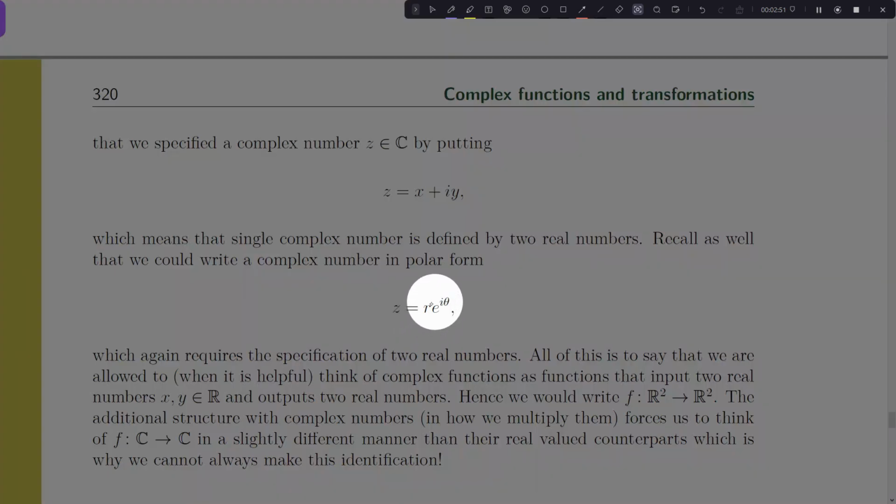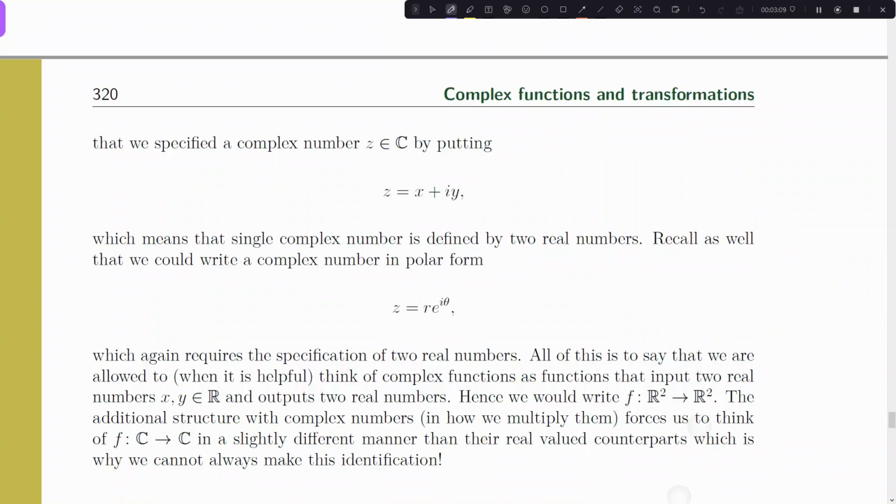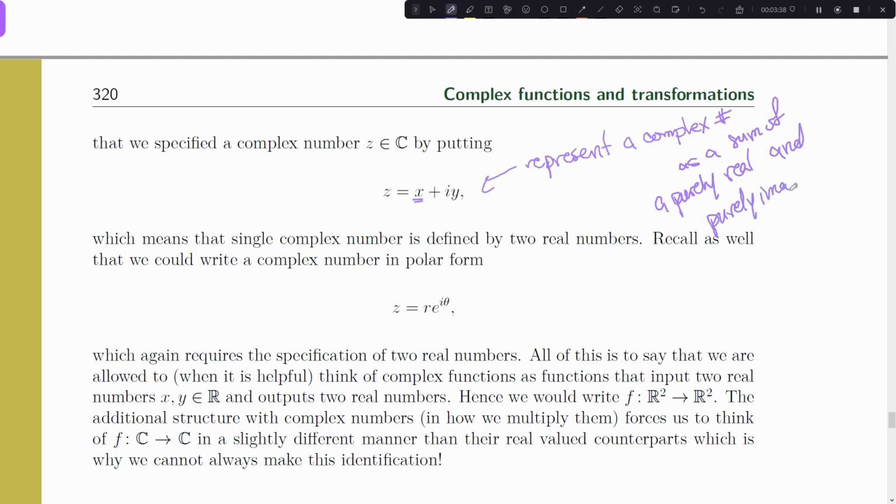Something that's really important to use when we talk about these sorts of functions and complex numbers is the polar form representation of a complex number. You might have gone through both of these, but we want to recall that we can represent a complex number as a sum of a purely real number, in this case x, and a purely imaginary number, in this case iy.